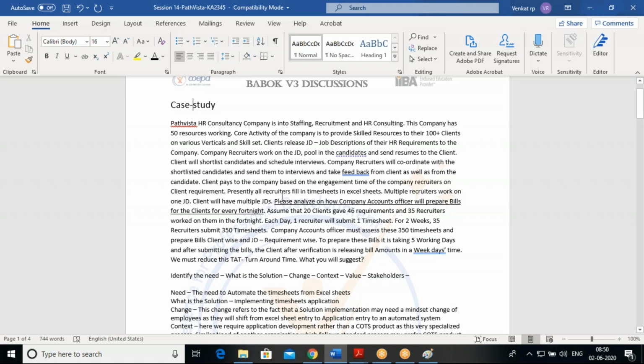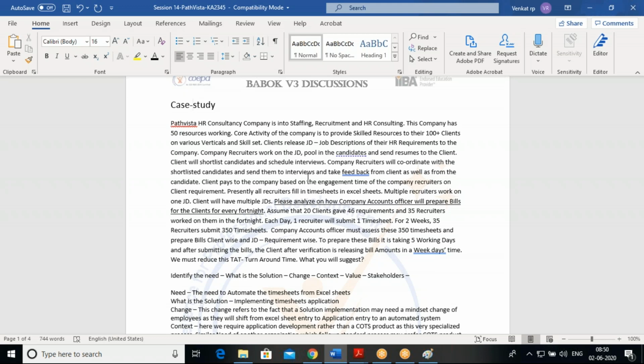So first of all, we need to understand the stakeholders who are directly and indirectly influenced by this particular initiative. Then we have to identify the main keywords floating here.